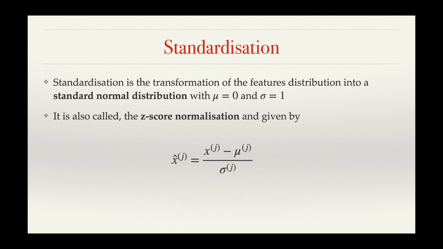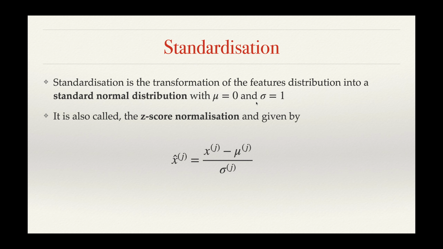Standardization, which is a part, or actually a way, of doing normalization, is the transformation of the feature distribution into a standard normal distribution with a mean of 0 and a sigma, or standard deviation, equal to 1.